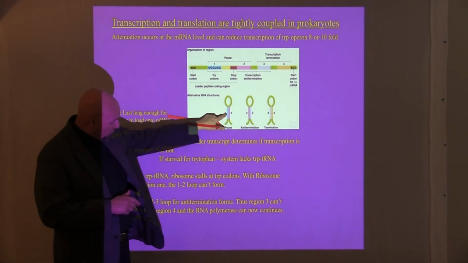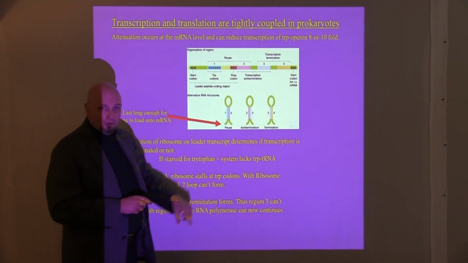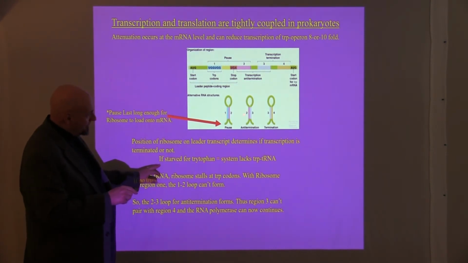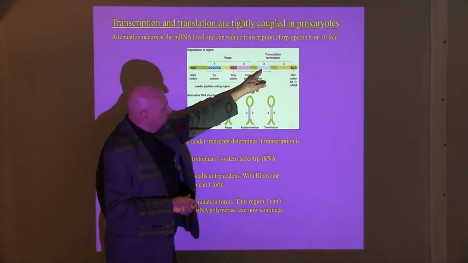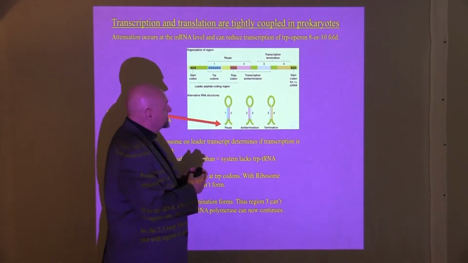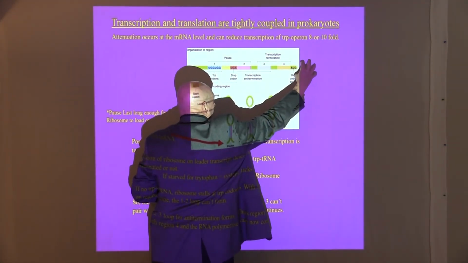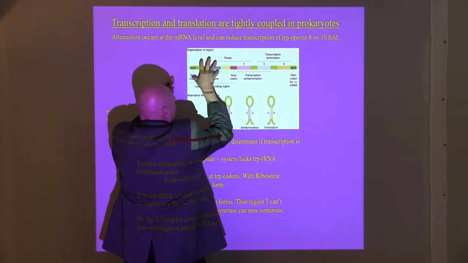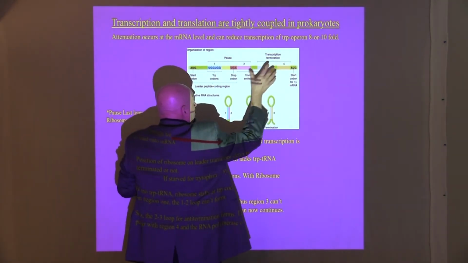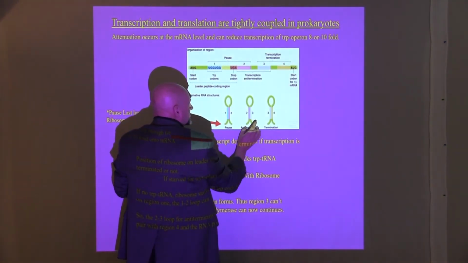Now, region number 1 can't bind to region number 2. So what will happen is region number 2 will interact with region number 3 as it's coming off the RNA polymerase. The RNA polymerase is right over here, and the ribosome is already attached and moving along. Suddenly this region number 2 to number 3 comes together.